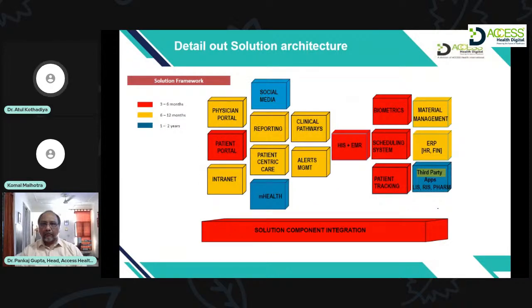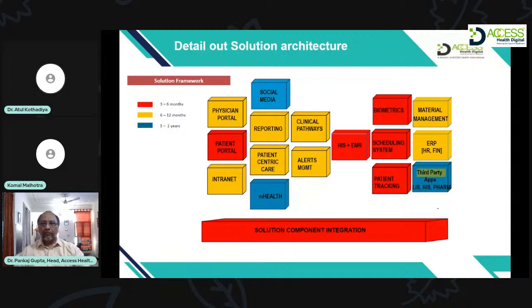Now, this is just an example, and of course, we did it for one of our clients. All these functionalities or features or modules, you segregate based on the timelines required. Sometimes the vendor will not have certain modules, and you need them. In that case, the vendor will give you the timelines: it will take 3 months, 6 months, or more than that.